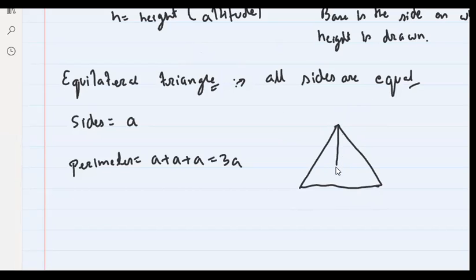This is A, this is A, this is also A. Suppose we have A, B, C, D. Tell me, BD is what? Median or altitude or both?